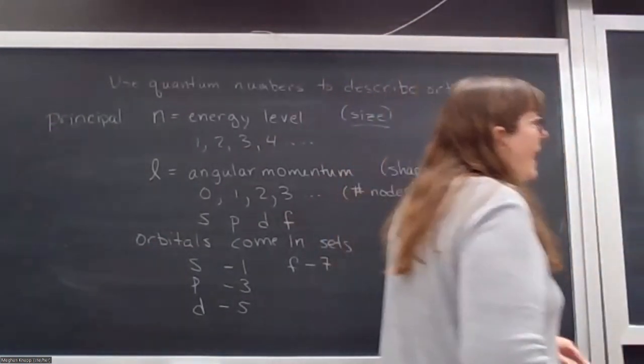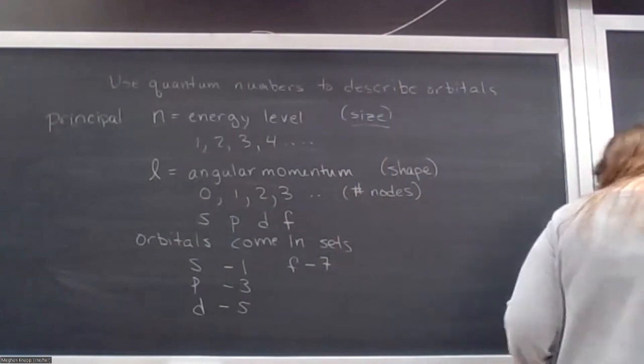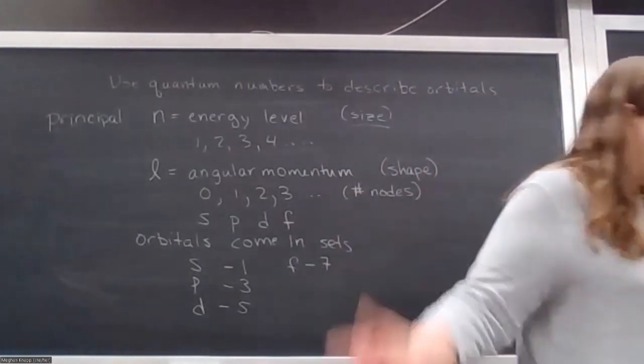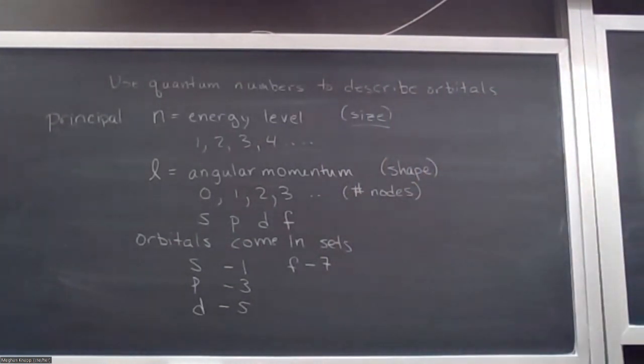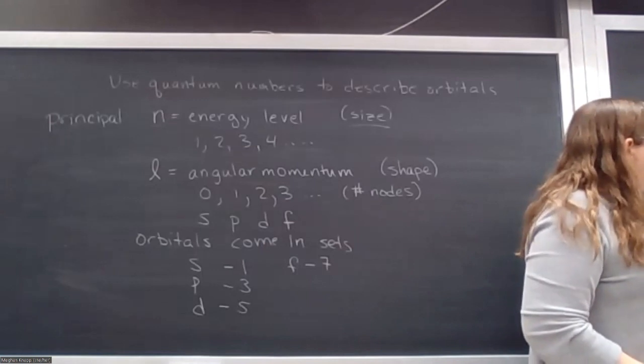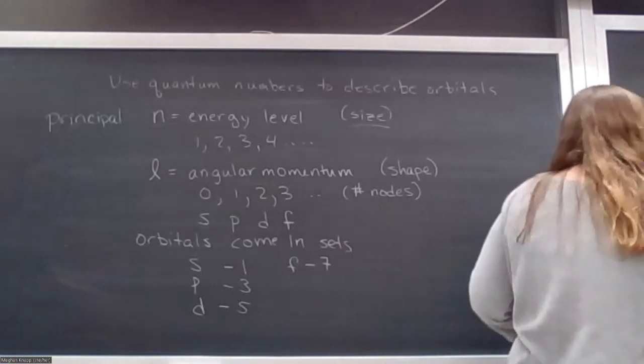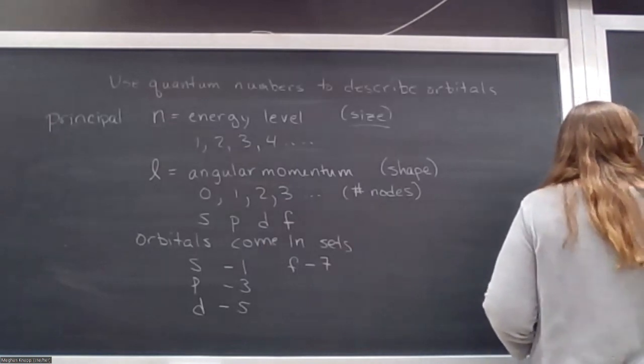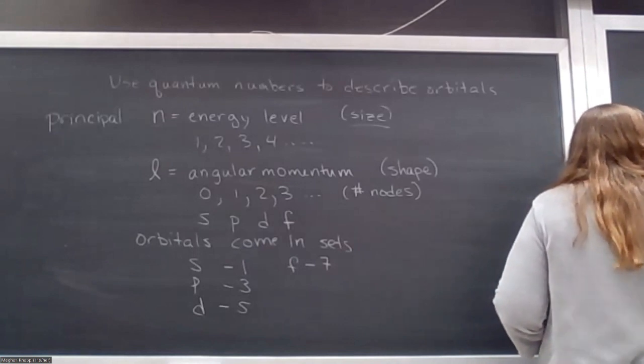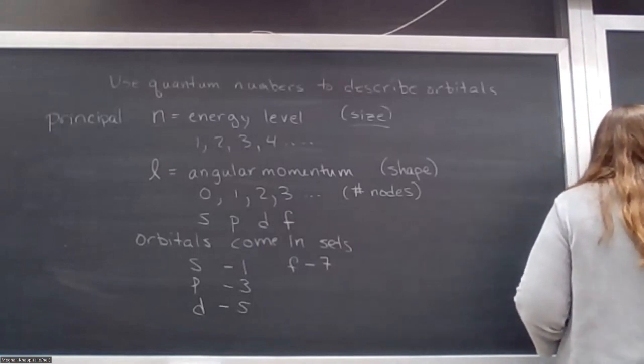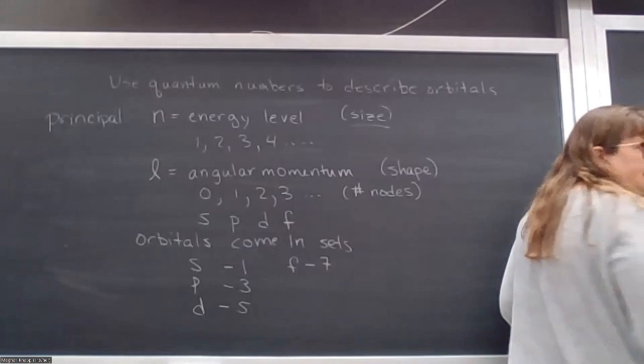We're going to be looking at orbital diagrams. So this here is an orbital diagram. Okay, we number the energy levels from the bottom to the top. So this is energy level 1, and so we have a 1s.